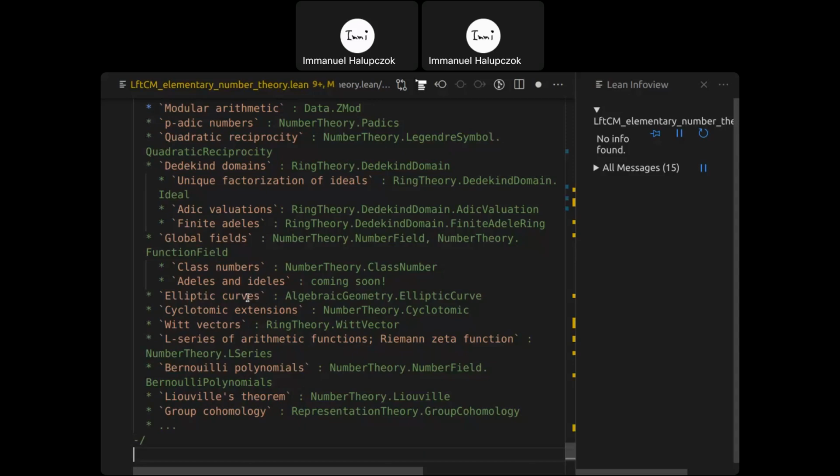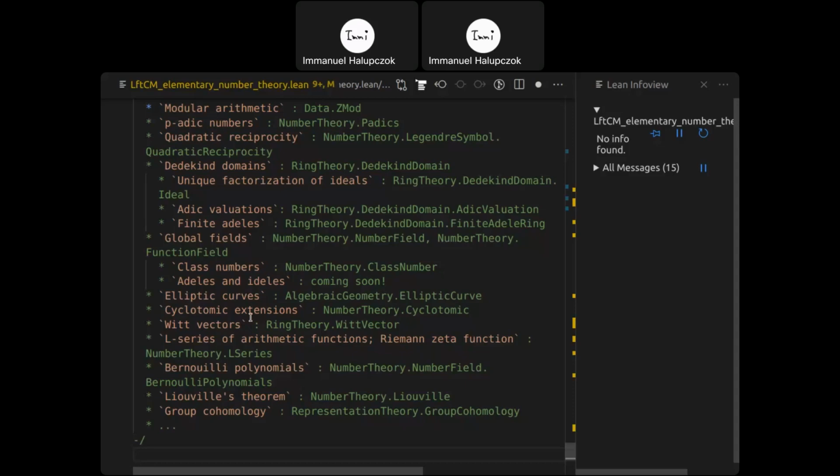But this year, two PhD students were able to find a new elementary proof of associativity that they were able to formalize in Lean. So this was an example of a case where trying to formalize something gives you some new mathematical insight of how to work with this object.